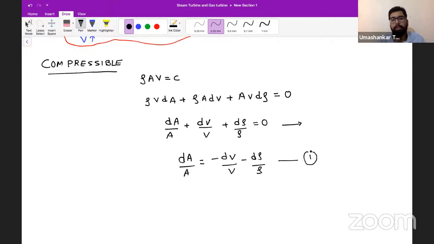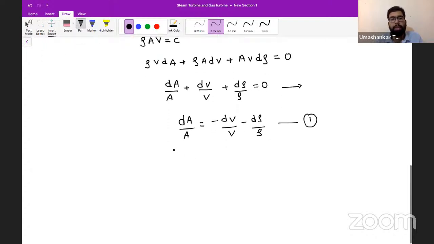Let's say this is equation number 1: dA by A is equal to minus dV by V minus d rho by rho. Certainly we can write like this. So what is troubling us here? This d rho by rho is somewhat troubling us.